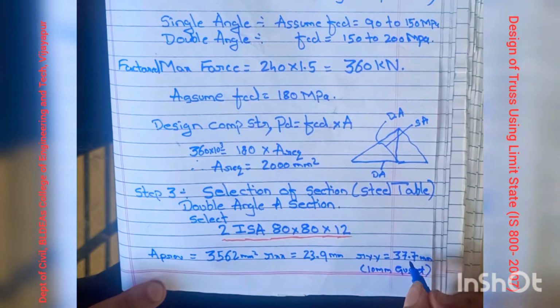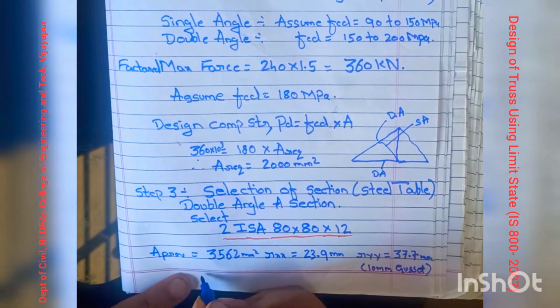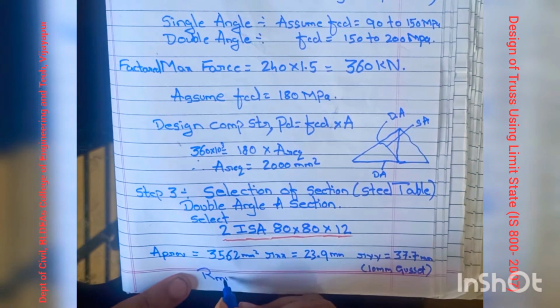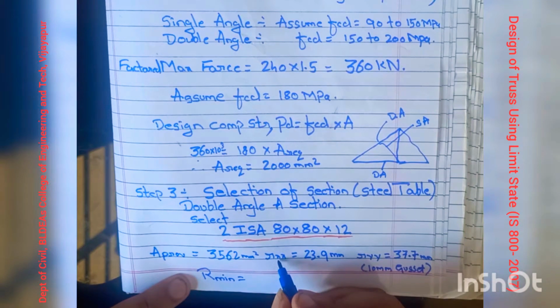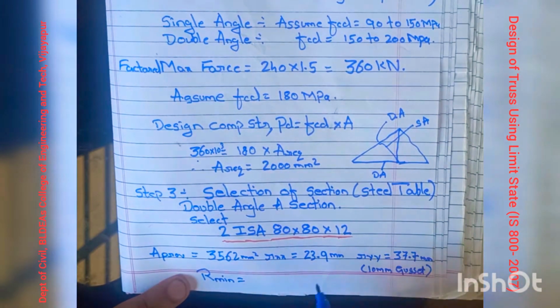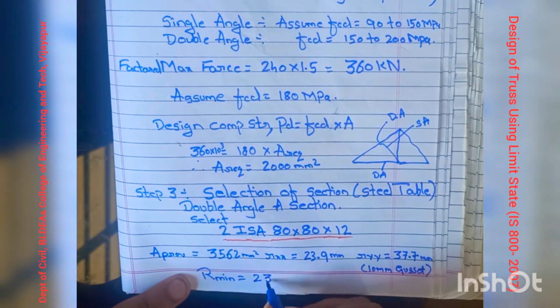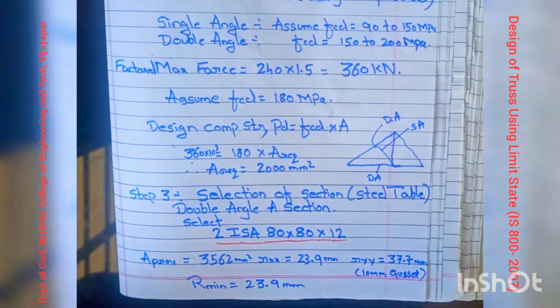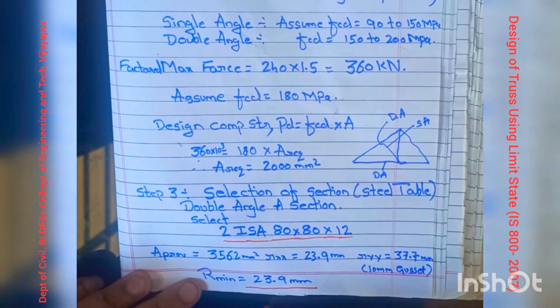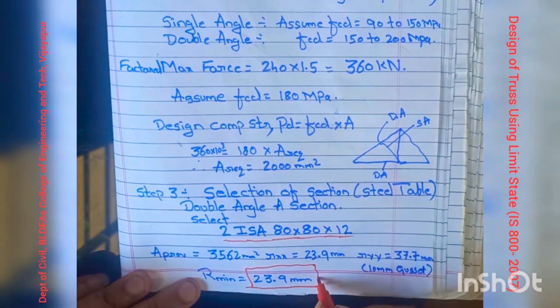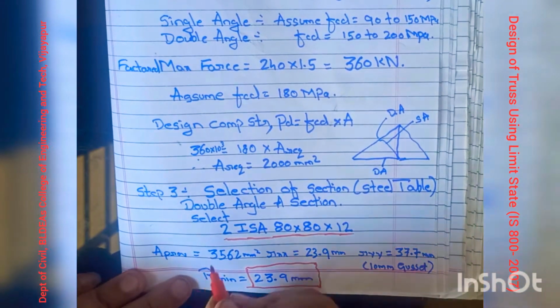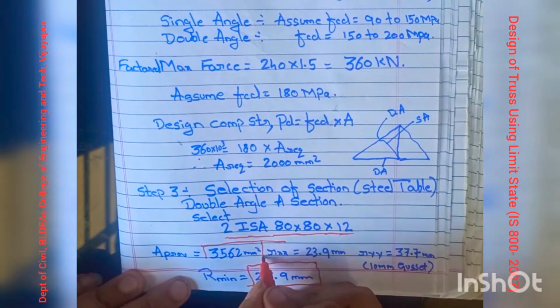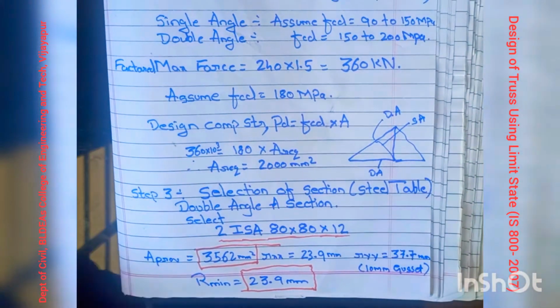For 10 mm it is 37.7 mm. So the minimum radius of gyration, that is R minimum, is the lesser of RXX or RYY. Here RXX is 23.9, RYY is 37.7, so the lesser one is 23.9 mm. So this value is important for us. This is the minimum radius of gyration, and this is the area which we are providing.